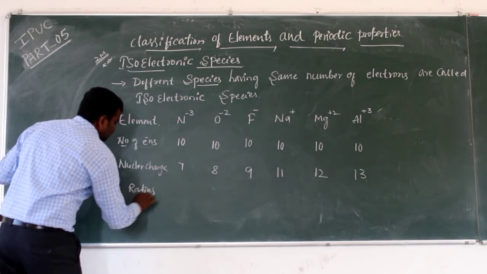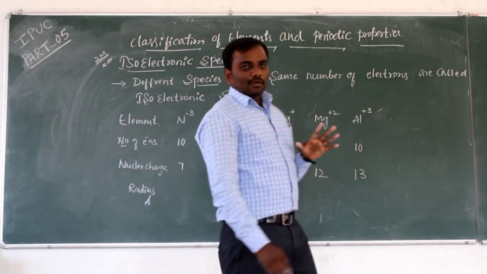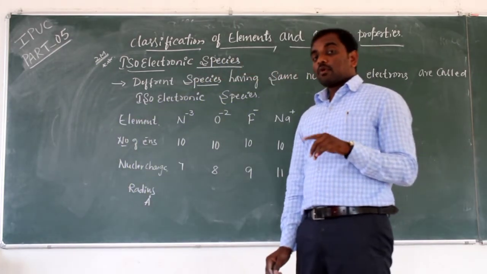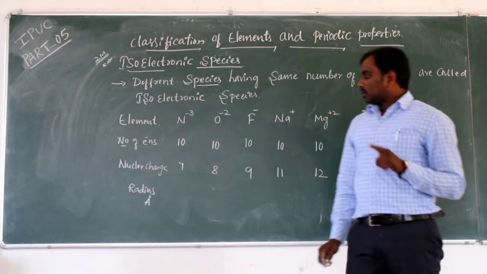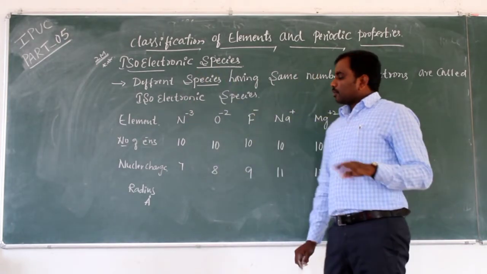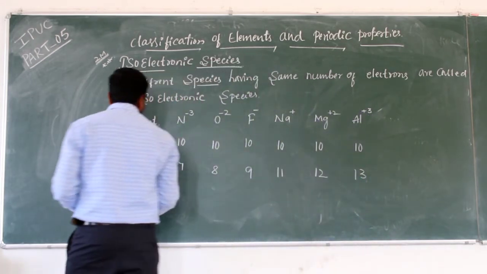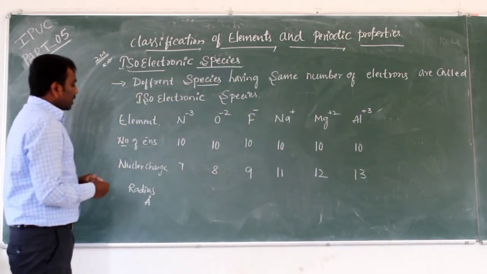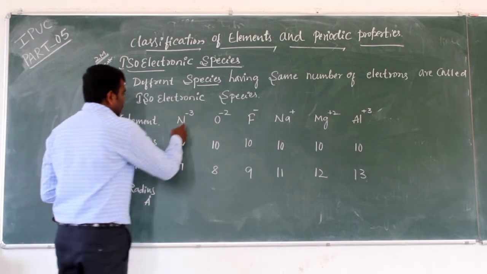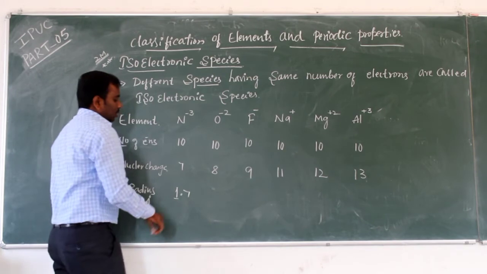Next, radius, in angstrom. Angstrom means what? 1 angstrom means 10 to the power of minus 10. Okay, its atomic radius: nitrogen is 1.7, right?